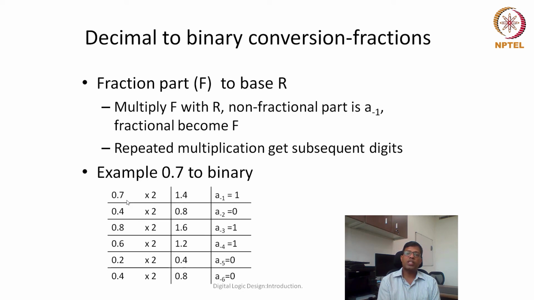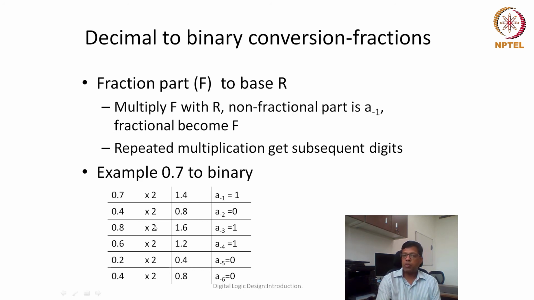The non-fractional part is 1 and the fractional part is 0.4. So a minus 1 is 1. Now we take the fractional part 0.4 and again multiply by 2. This is 0.8, and because the integer part is 0, a minus 2 is 0. And we take the fractional part, which is 0.8.